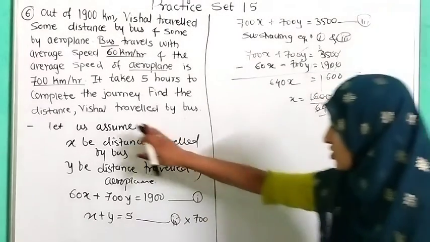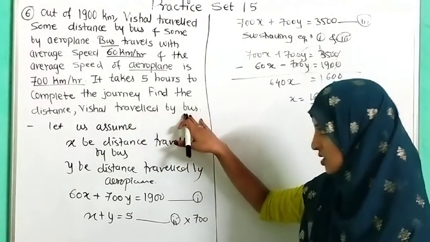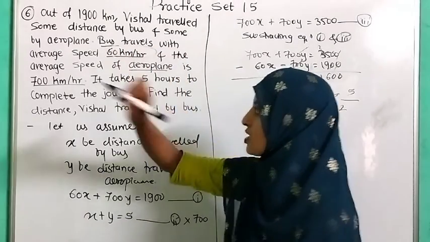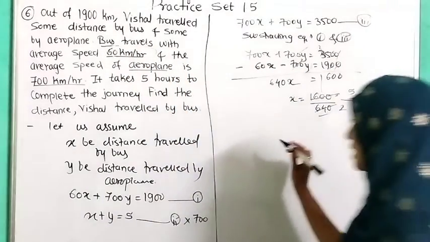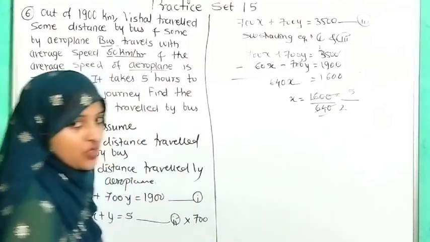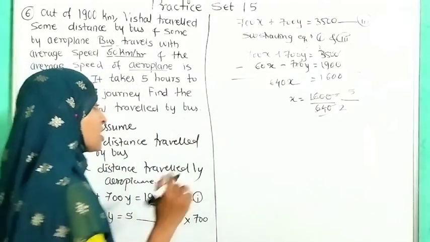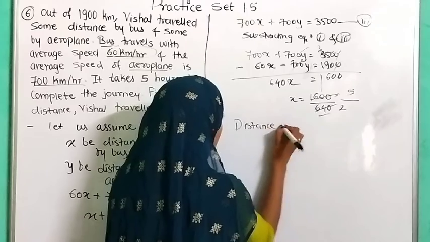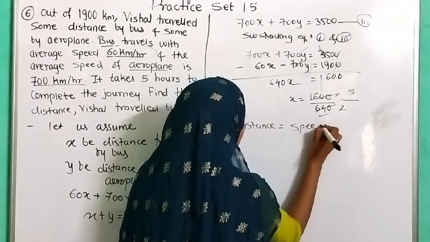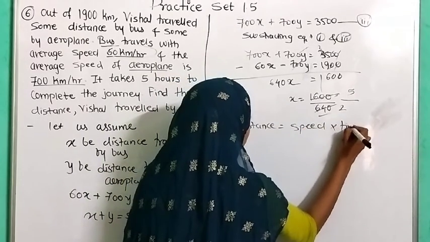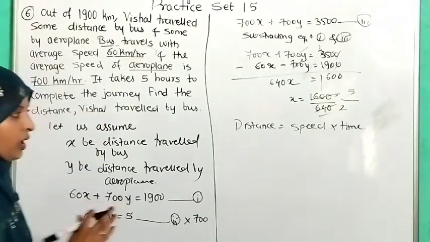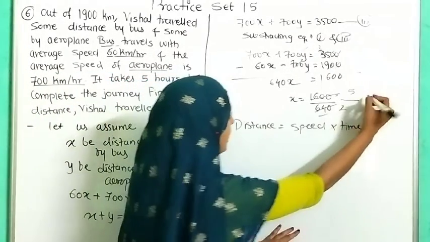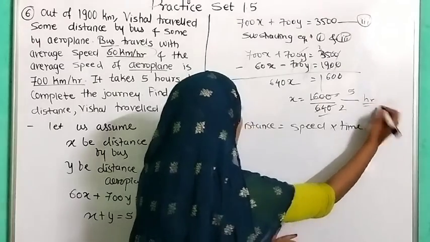Now they have asked us the distance we travel by bus, and we know the average speed of the bus is 60 km per hour. If we want to find the distance traveled by bus, then the formula is distance is equal to speed into time. We know the speed and the time. Time is 5 upon 2 hours.